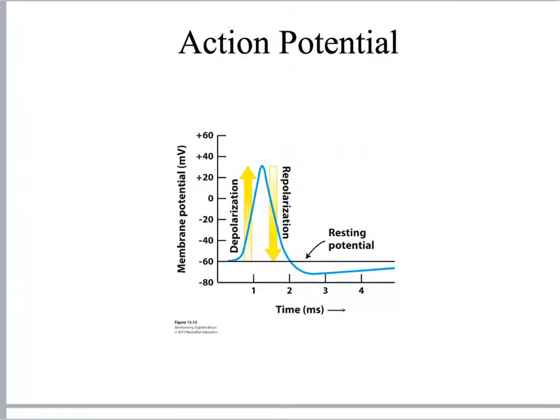So if you're at resting potential and you apply a stimulus that exceeds some threshold value, let's say that threshold value is around negative 45 millivolts, that will result in the voltage gated channel opening and ions flowing through. And that's going to be this depolarization period. So your channel is open and ions can flow through.